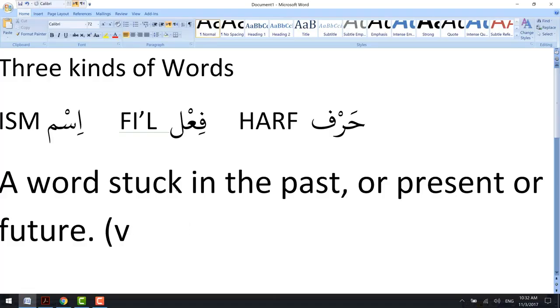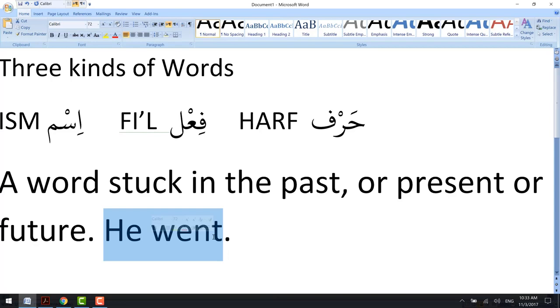If I say he went, I would say that went is in the past, right? So that's a verb. But actually in the Arabic language, they'll merge these two together. It's actually considered one word, he went, which is why a fi'l actually includes more in it. It's sometimes a complete sentence instead of just one word.